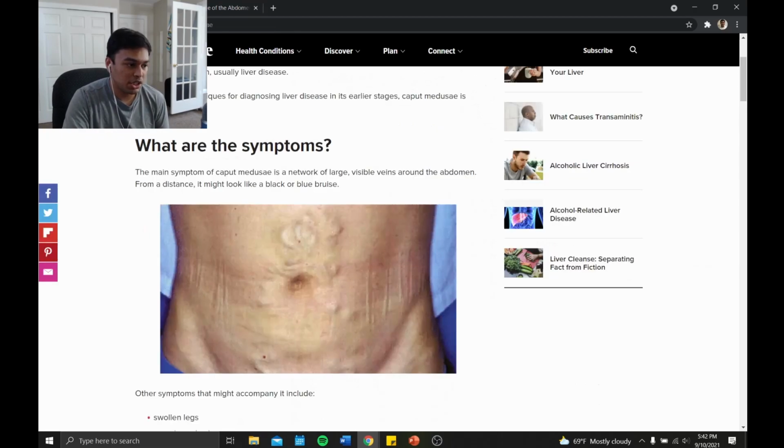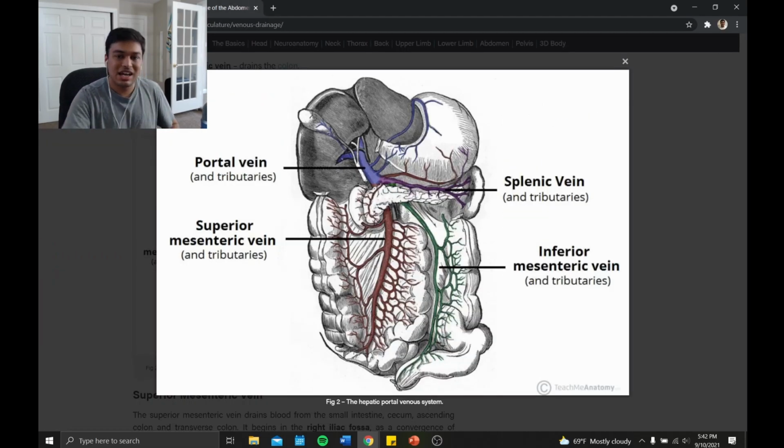And the picture I showed you here is a very concerning symptom that a patient can present with, but it can lead to a lot of different severities. I've seen some pictures where the entire abdomen and even veins up the thorax were distended, and that's very scary.